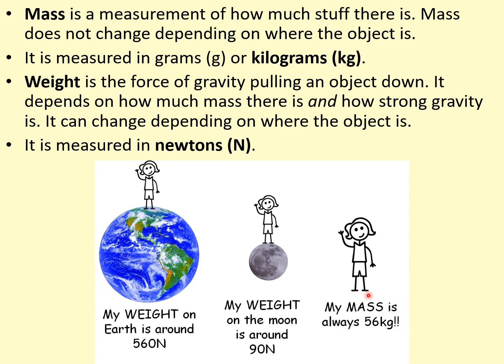So the mass is 56 kilograms on the Moon and on the Earth, but the weight is 560 newtons on the Earth, where gravity is quite strong, and only 90 newtons on the Moon, where gravity is much weaker. So mass doesn't change depending on gravity. Weight does change depending on gravity, and weight is a force.